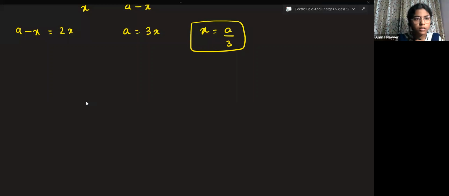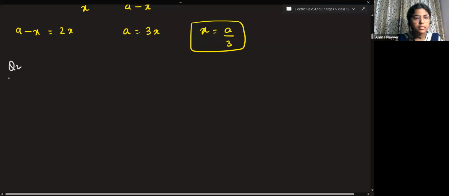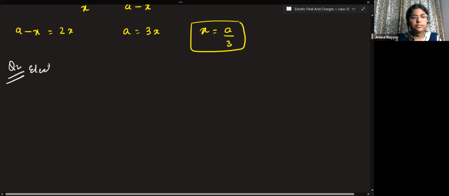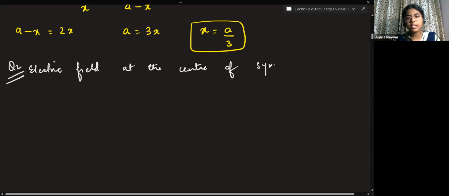See, for certain symmetrical surfaces, you can remember the values. Like electric field at the center of symmetrical system.